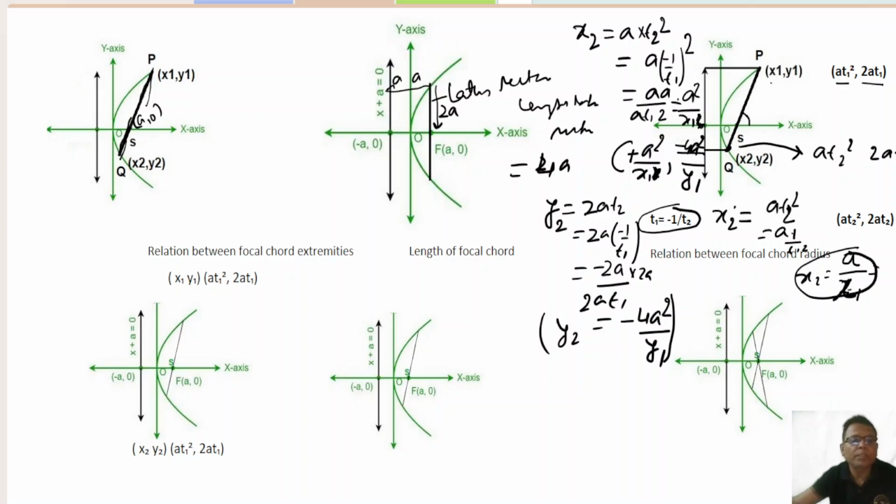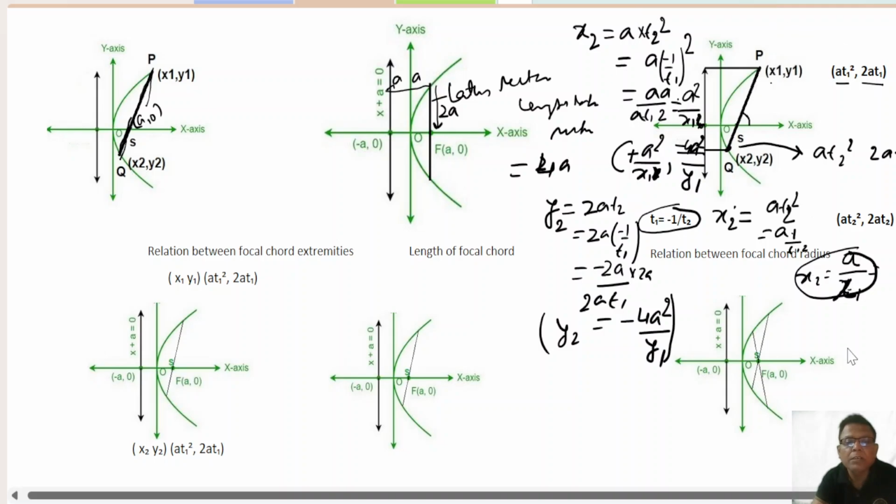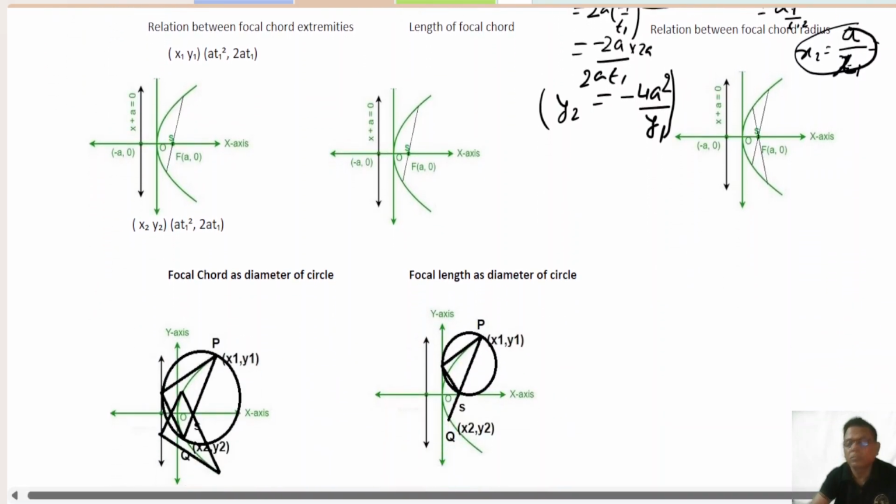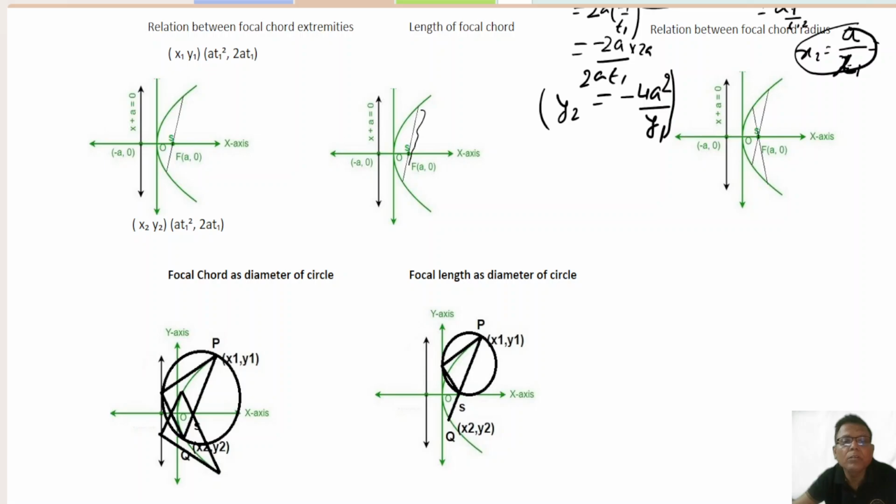Now let us find the focal distance of this chord. What is the length of this chord? This one we know is a plus x1 and this one will be a plus x2.